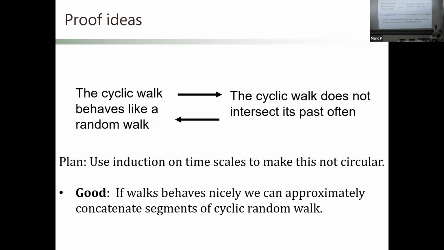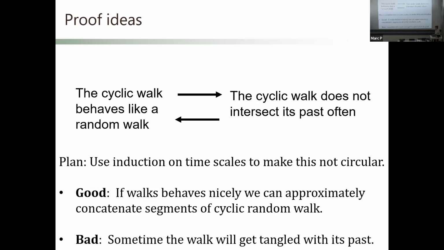Roughly what we'll want to say is that if the walk is behaving nicely, then if we look at a sequence of segments along the walk, those will be close to independent of each other. And if they're close to independent of each other, if we're adding up a bunch of independent things, that should look like Brownian motion. And so behave like a random walk.